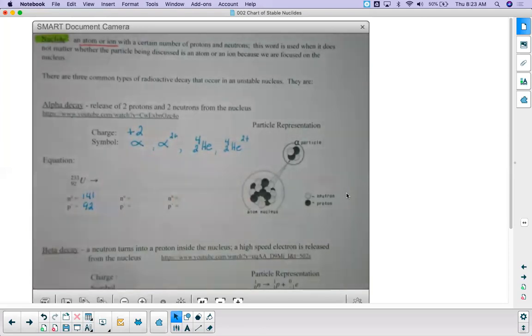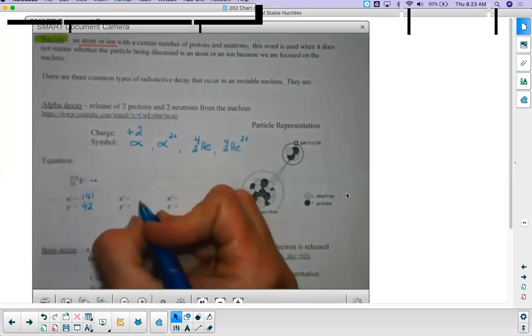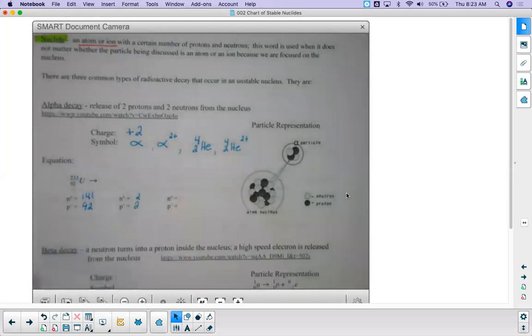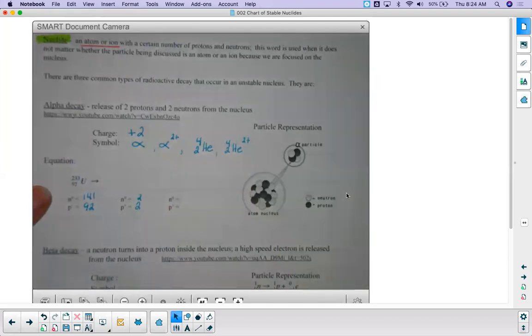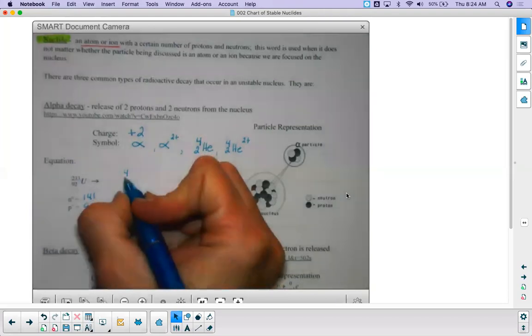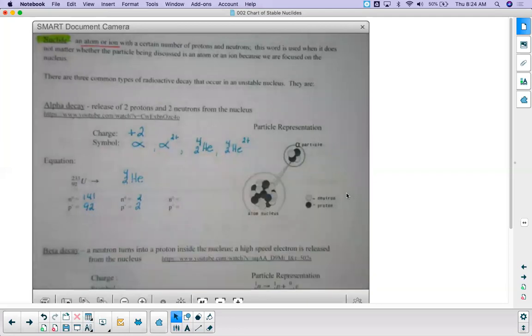there. When we watched this happen yesterday, because it was alpha decay, we lost 2 neutrons and 2 protons. So this great big rumbly nucleus that was kind of shivering and shaking because it was so unstable spit out a piece that had 2 neutrons and 2 protons. Because it has 2 protons, it's helium.